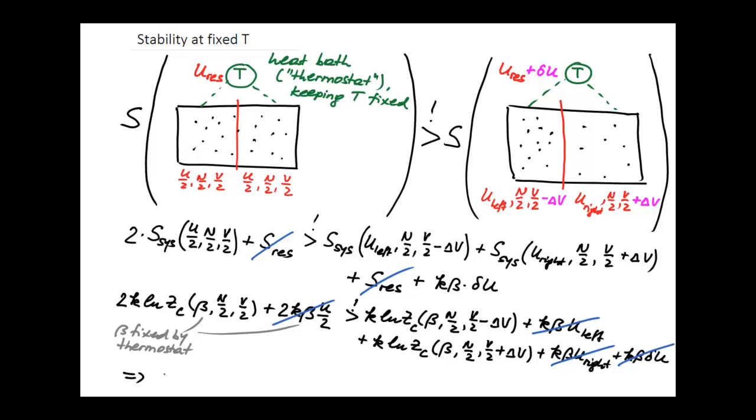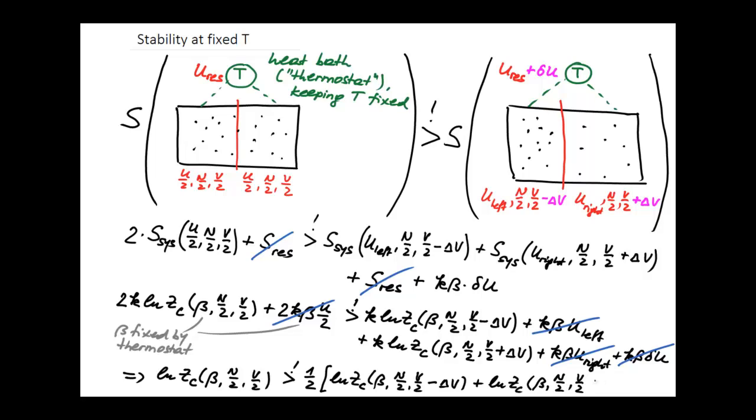You can divide by a factor 2k, and then you get an inequality that the log of the canonical partition function, evaluated at beta, half the particle number and half the volume, must be strictly larger than 1/2 log canonical partition function at beta, N half, V half minus delta V, plus log of the canonical partition function at beta, N half, V half plus delta V.